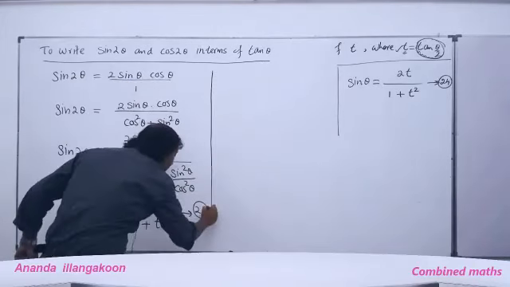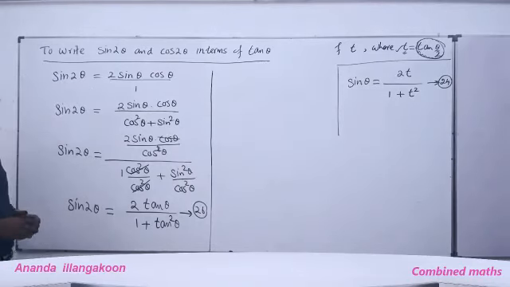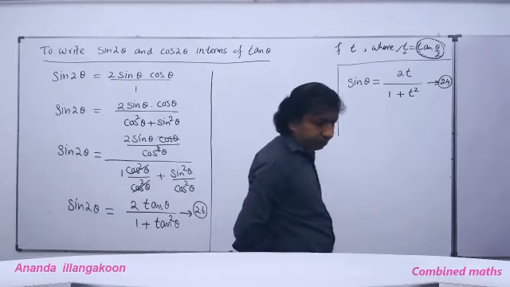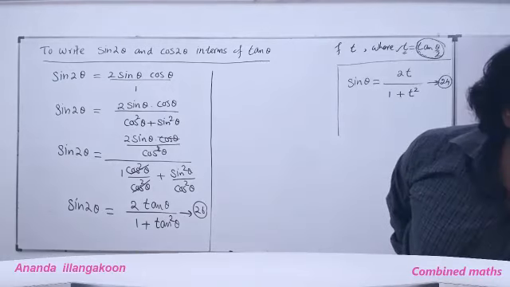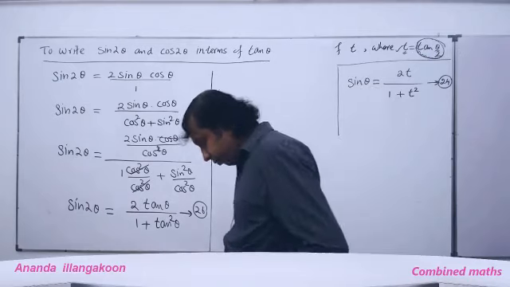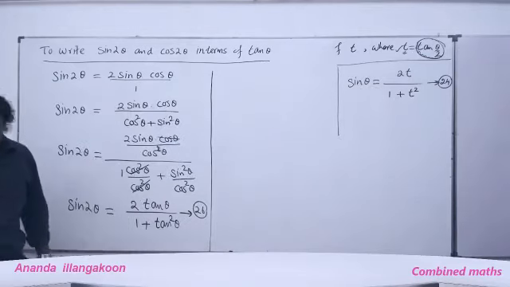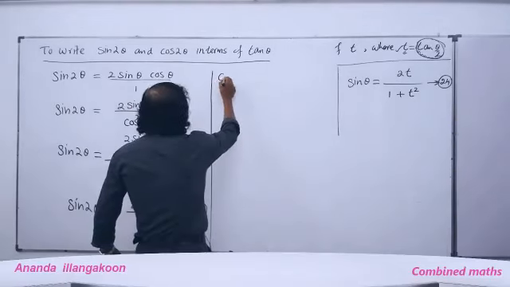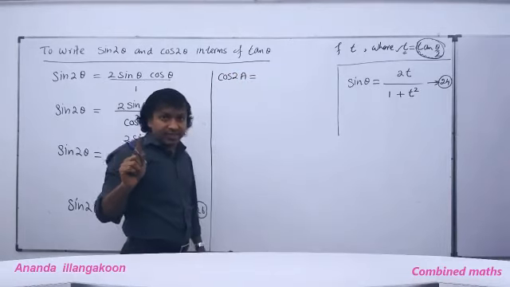Like that you can obtain cos 2 theta. Cos 2 theta we write in terms of tan theta. Right. How to write cos 2 theta? You know cos 2A formula number 16.